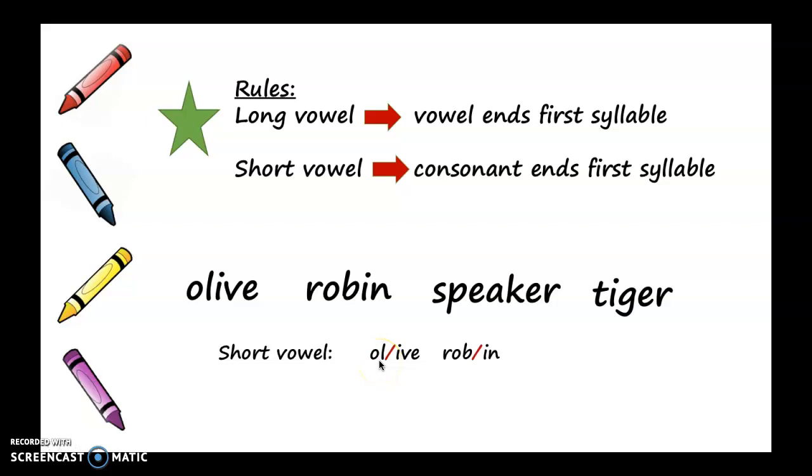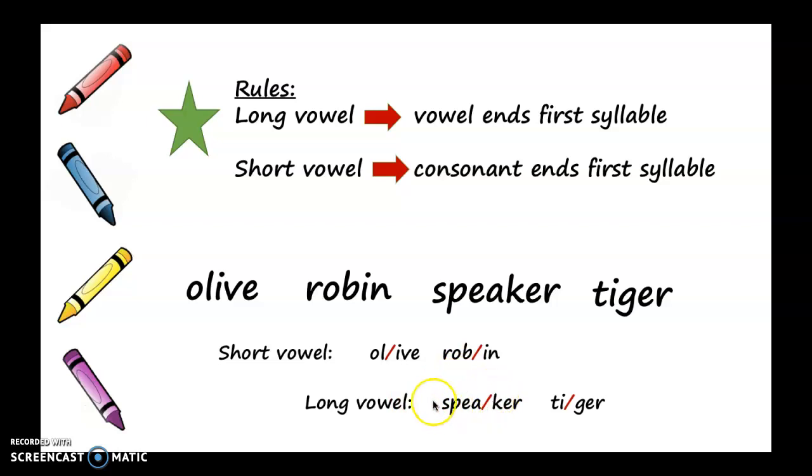I don't hear the O sound. Therefore, I'm going to break it after that consonant, the L. Same thing with the word robin. When I hear the word robin, I hear a short O. I do not hear the O that says its name.